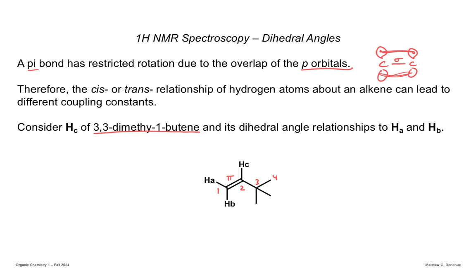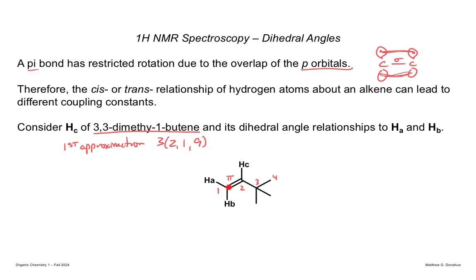And so when we're looking at this molecule, 3,3-dimethyl-1-butene, our first approximation of the unique H sets would be 2, 1, and 9.